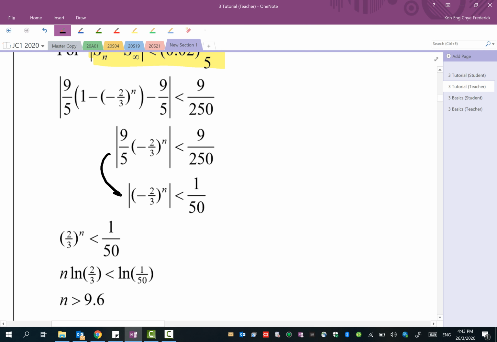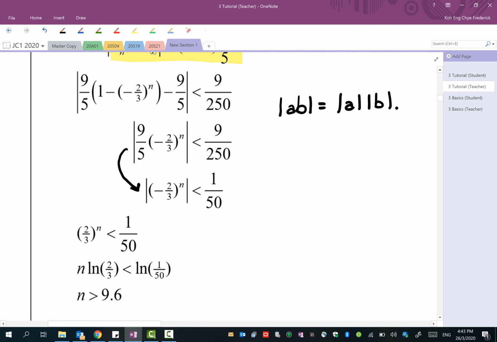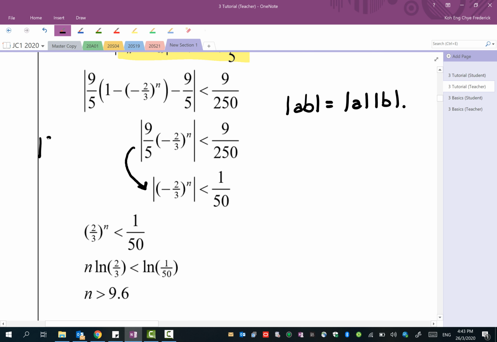I did a few things. First, remember the modulus of AB can be separated into mod A times mod B, and that was precisely what I did here. That is how I got from this step to this step.